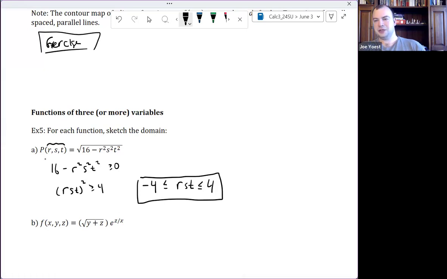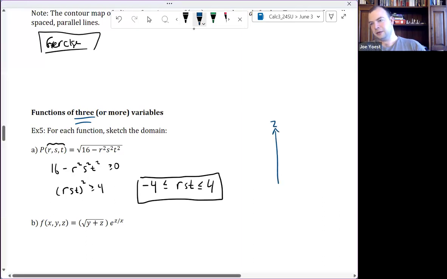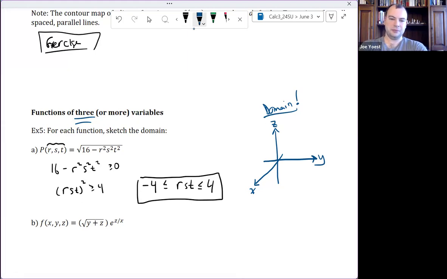Note that our domain here is actually 3 variables. So we're switching gears here. For a function of 3 variables, our domain is a region in 3-dimensional space. Put an exclamation point there. So what we're going to draw here is not a representation of the function. It's just the representation of the allowable inputs. Very important.